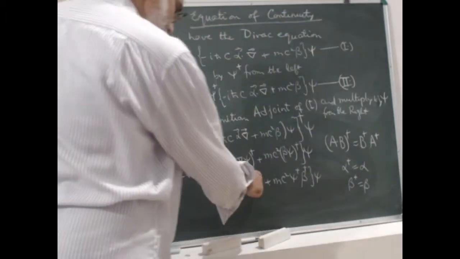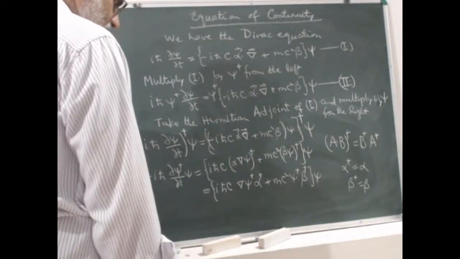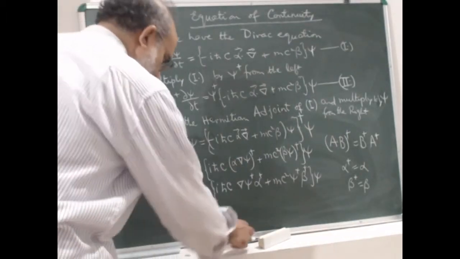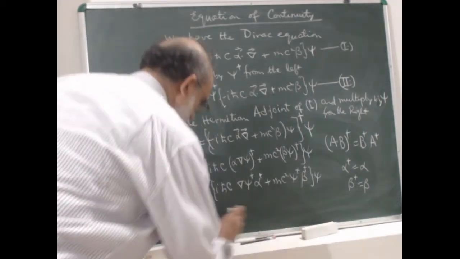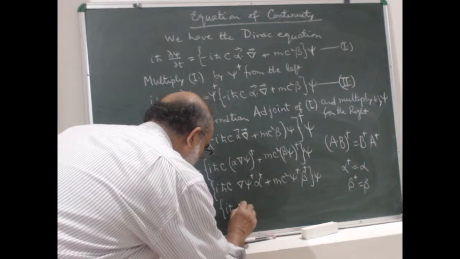So this Hermitian sign will disappear, and we are left with iħ c.